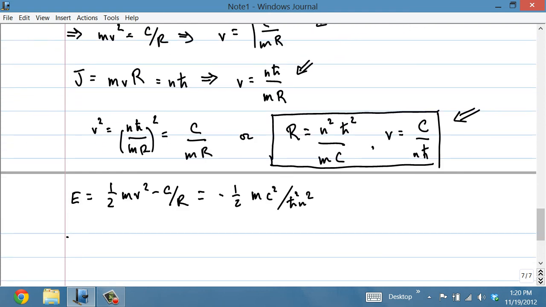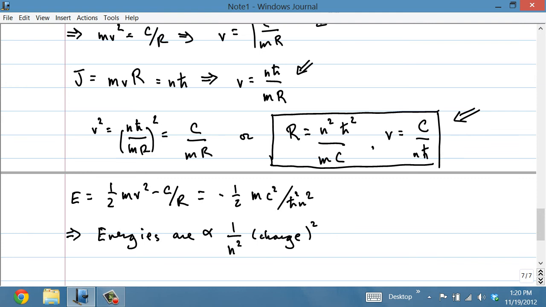So in particular, we see that the allowed energies are at certain discrete levels, which are proportional to 1/n squared, and also proportional to the square of the charge of the nucleus. So you can see that this picture of Bohr actually leads to another prediction.